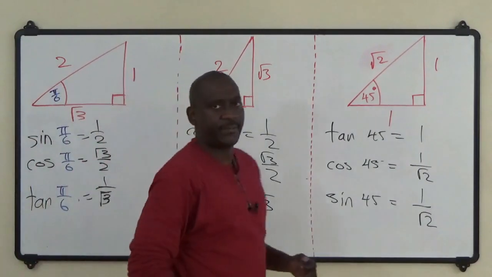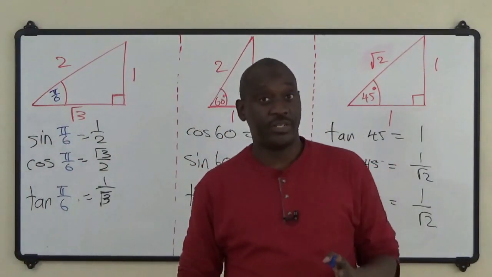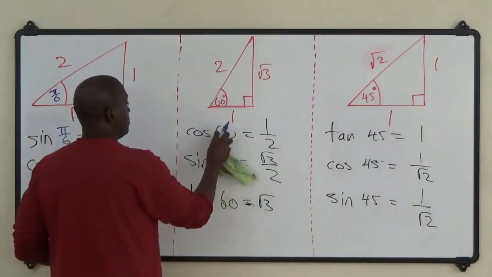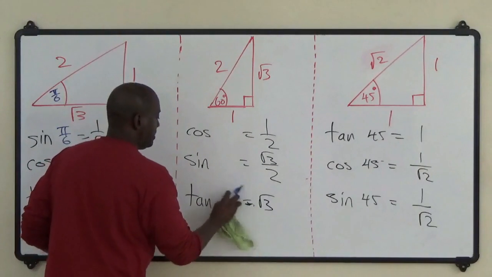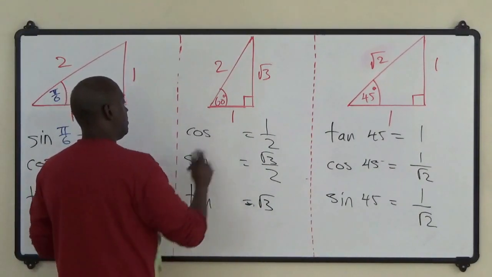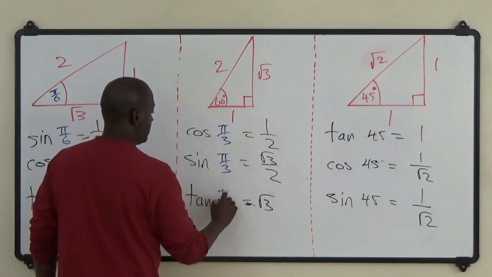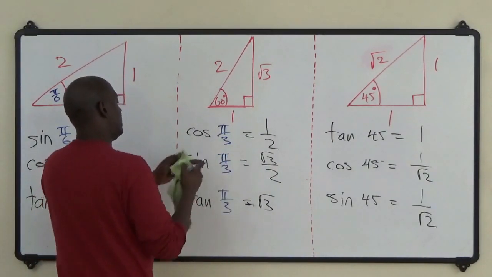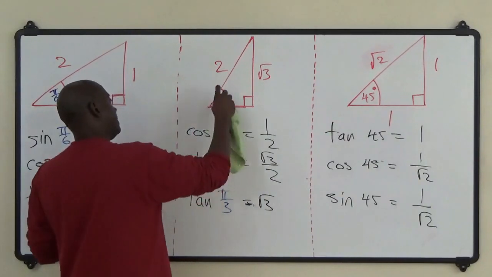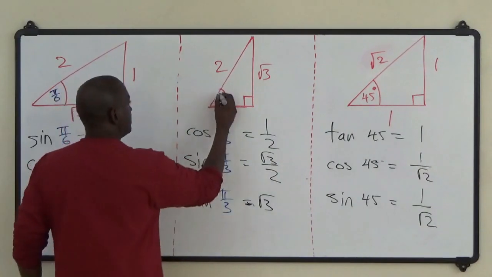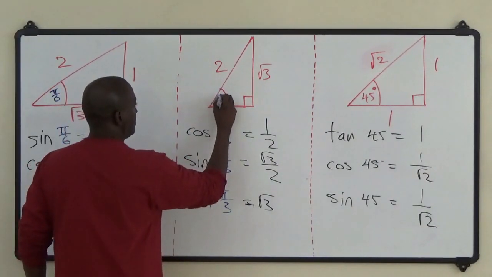You do the same thing for 60. You know that 60 degrees is pi over 3 radians, as discussed earlier on. So we just take the 60 and replace it with pi on 3, everywhere it appears. Alright? So this here is pi on 3.